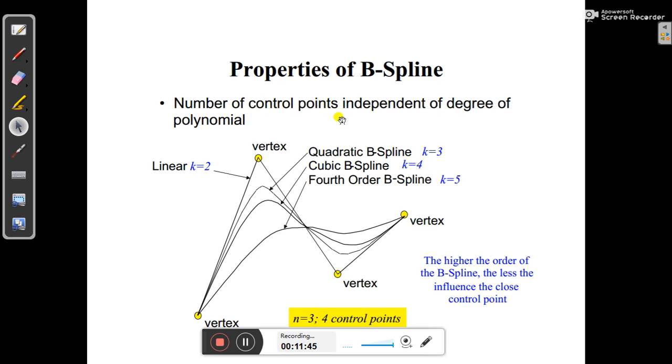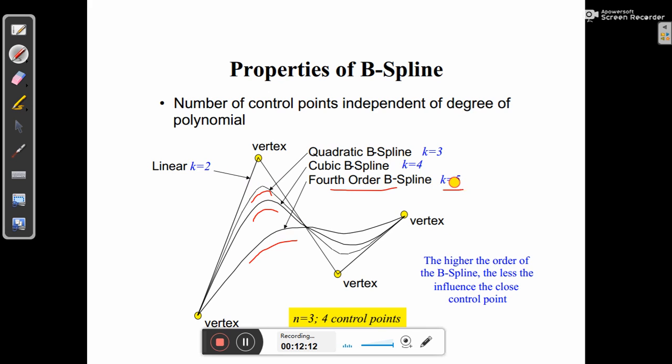The number of control points is independent of the degree of polynomial. In the case of B-spline, the property is that the number of control points is independent of the degree of polynomial. Suppose this initial curve is a quadratic B-spline, this one is a cubic B-spline, and this one is a fourth order B-spline.